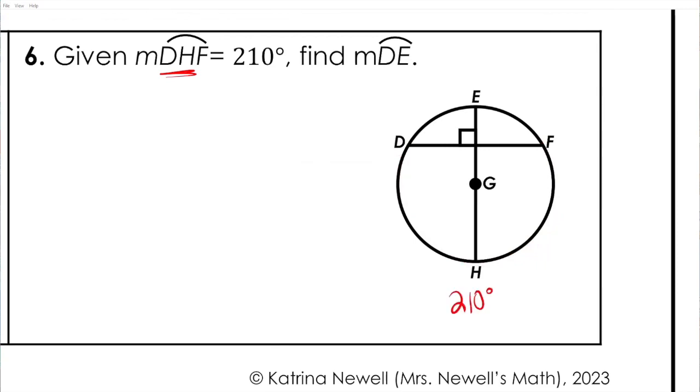They want us to find the measure of arc DE. Since this is perpendicular, what do we know about the relationship between our two arcs? They are, in fact, congruent. So how much of our circle is left for those two to share? 360 minus 210 is?